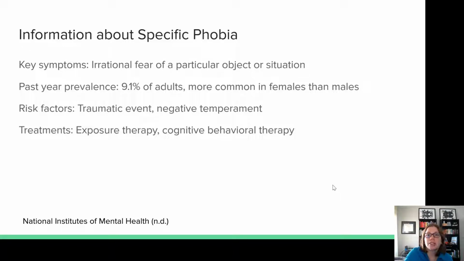Having a negative temperament, so maybe being that difficult baby, which is like an early personality. How we treat this is typically with something called exposure therapy, where we expose somebody to their phobia, or we do cognitive behavioral therapy, which is part of that exposure, but also targeting some of those thoughts.